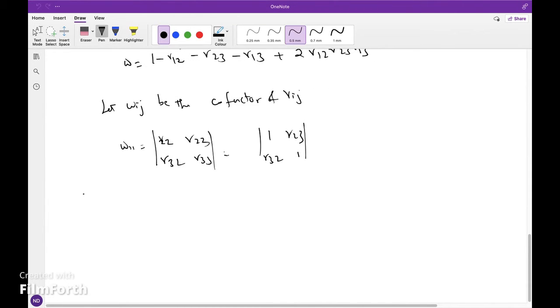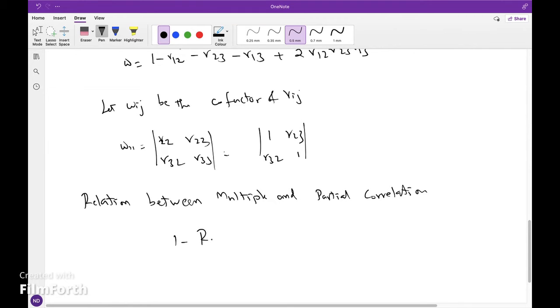The relation between multiple and partial correlation: 1 minus R1.23 squared, using capital R for multiple, is equal to (1 minus r13.2 squared) into (1 minus r12 squared).